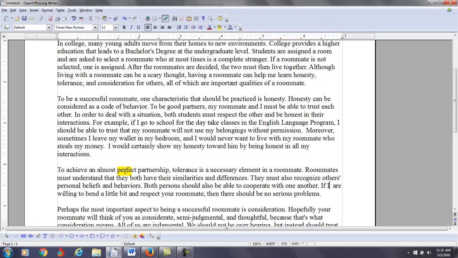If I am willing to bend a little bit and respect my roommate, then there should be few or no serious problems.